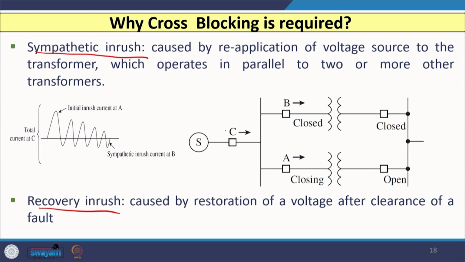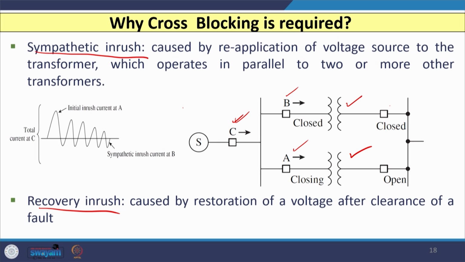So, let us see first what is the sympathetic inrush, how we can obtain the sympathetic inrush condition. For that I have shown 2 transformers, and I have shown the 3 circuit breakers, basically A, B and C, and the A and B circuit breakers are connected on one of the winding sides of the transformer, whereas the other circuit breaker is connected with the utility, that is generator.